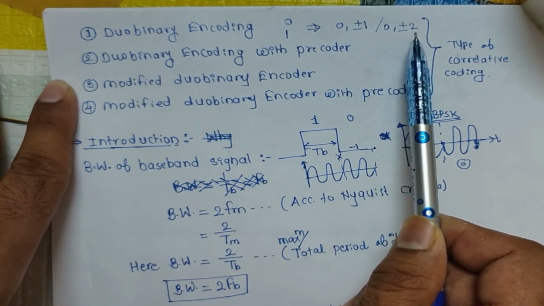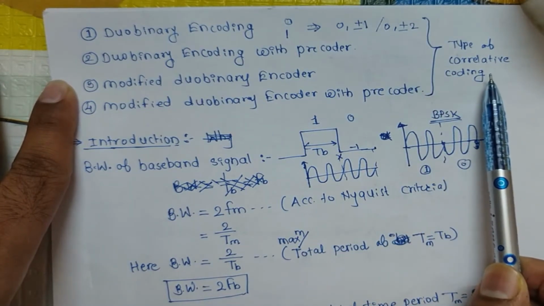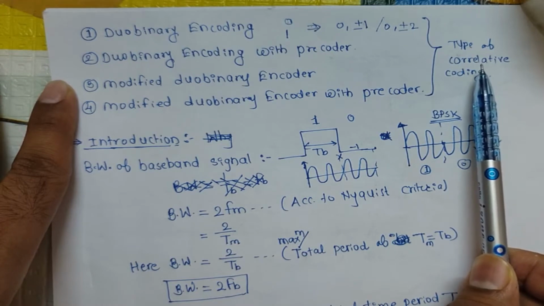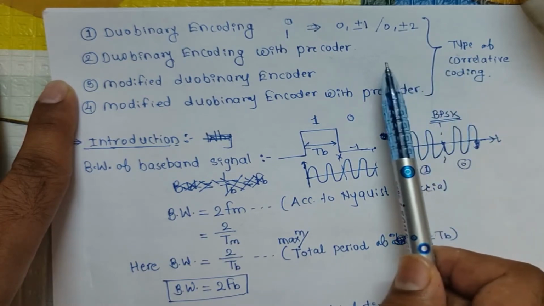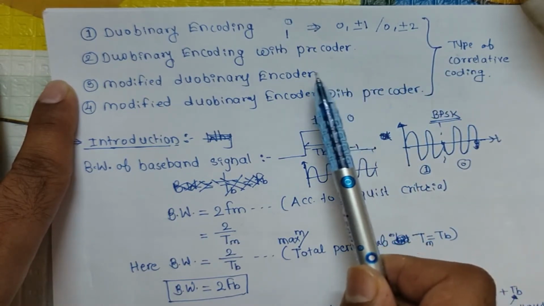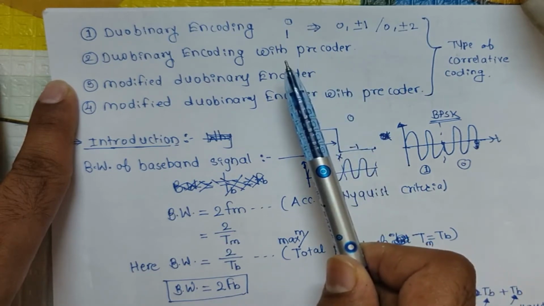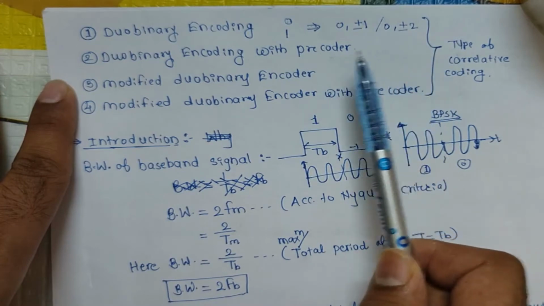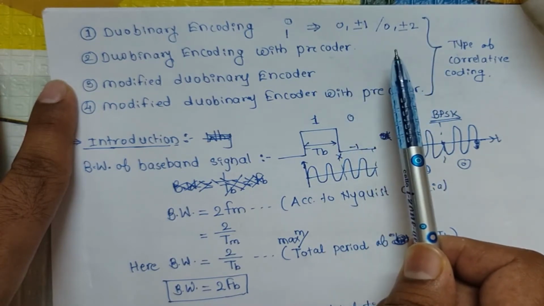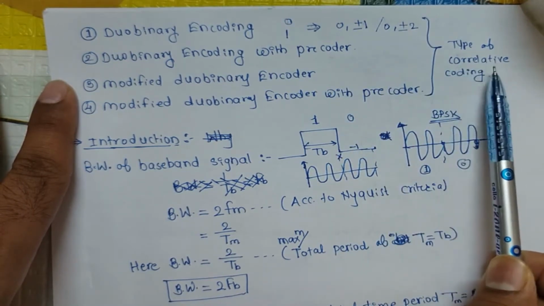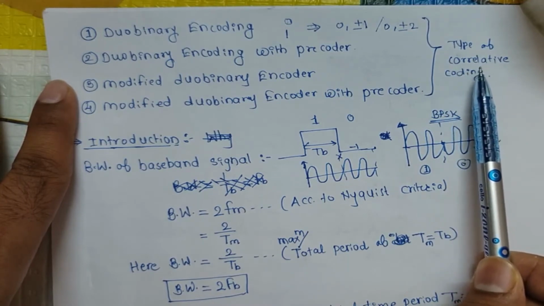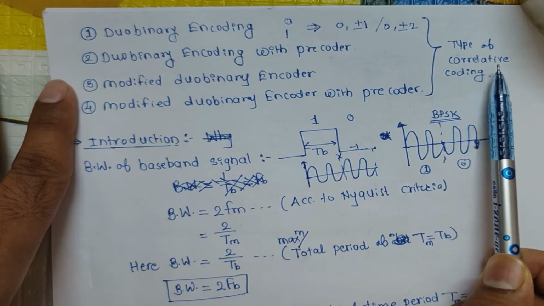You might be clear with correlative coding now. Correlative coding means whatever codes are generated depend upon the previously generated bits, or have certain dependency over the bits. However, in an uncorrelated sequence there is no dependency, whereas in correlative coding there is a certain relationship between the bits generated.